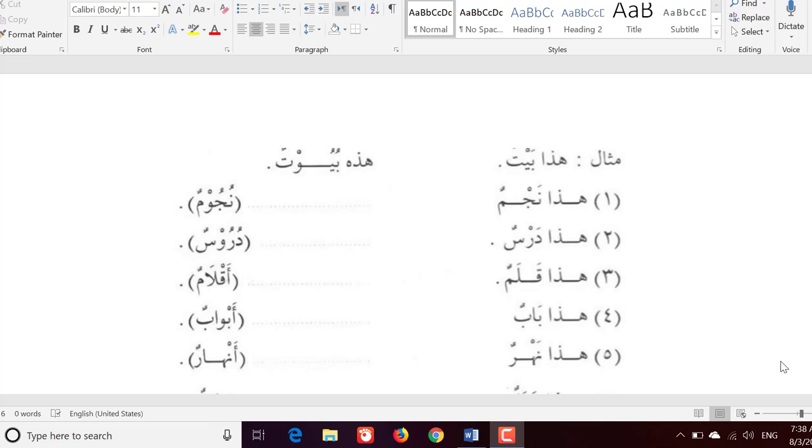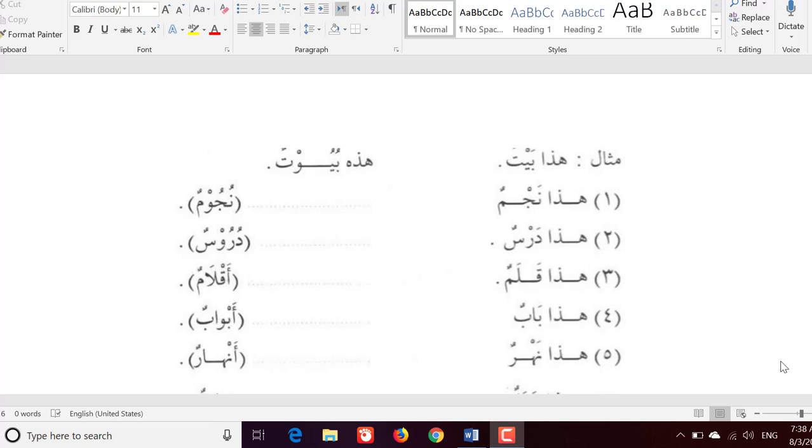So the verb that goes with it will be singular and feminine. The adjectives that go with it will be singular and feminine. The predicates that go with it, if it's a single word predicate, will also be singular and feminine, which is demarcated by the ta marbuta. Okay, so that's what we're going to be looking at today, the exception to the rule with non-human plurals.